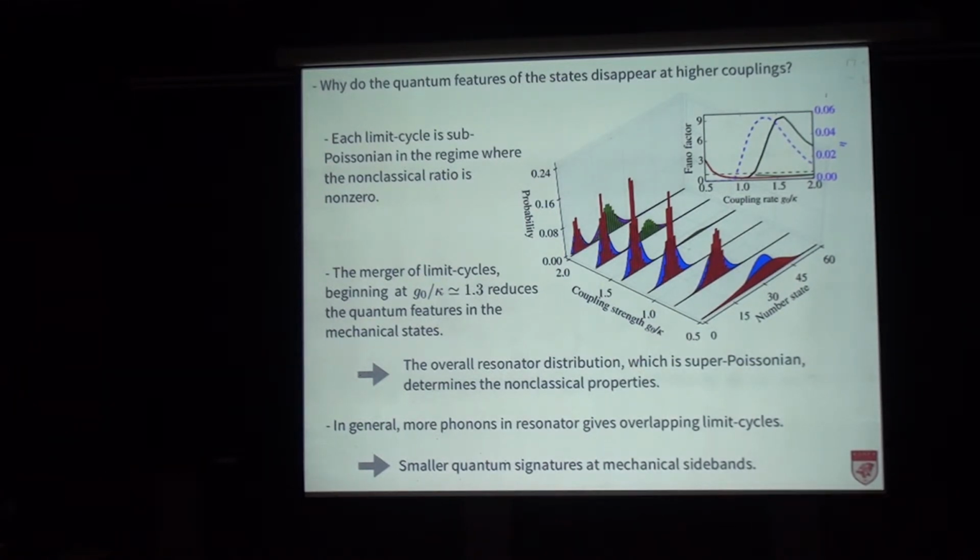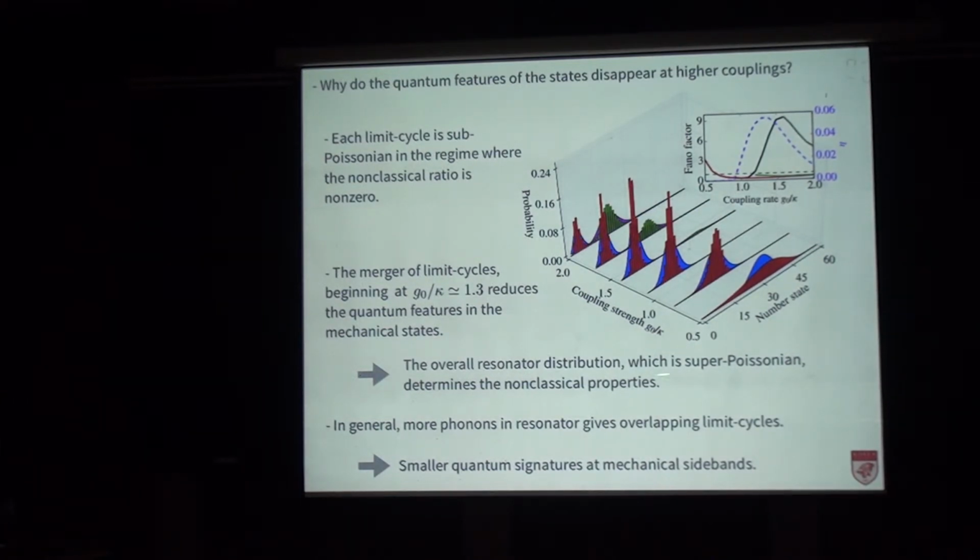I have to consider now the full distribution of my oscillator, and as we've seen, this full distribution has a Fano factor that's very, very large. So once these two limit cycles start to interact, this full distribution plays a role, and because it has an F factor larger than 1, this non-classical parameter drops.